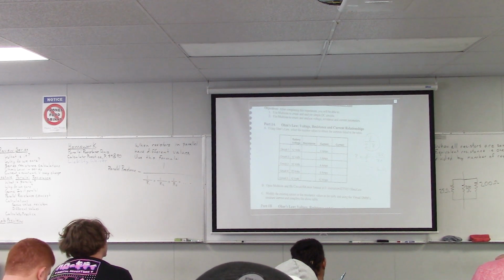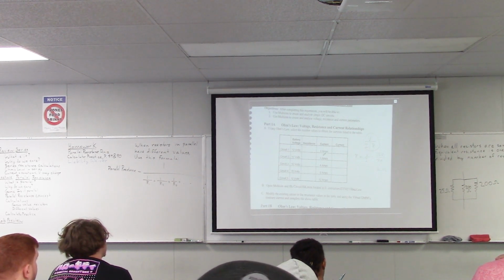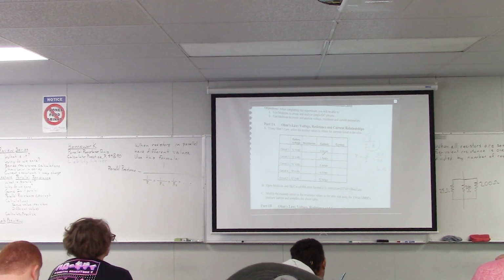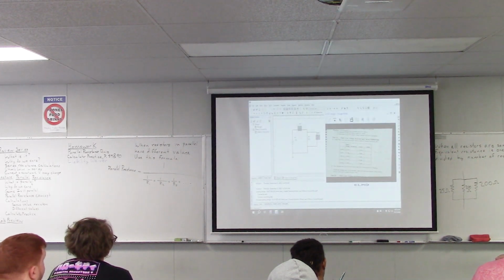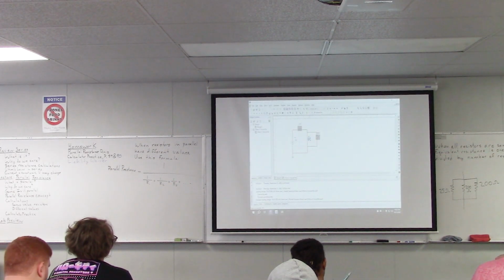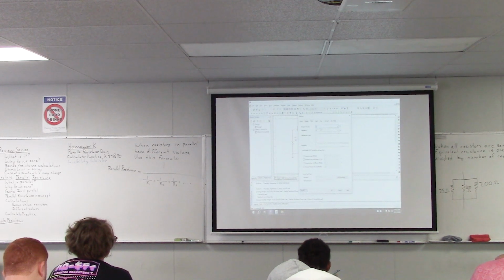We would calculate a resistance of 6 ohms, and we'd come over here and type that in. This is already set to 6 ohms, so we can just leave it.